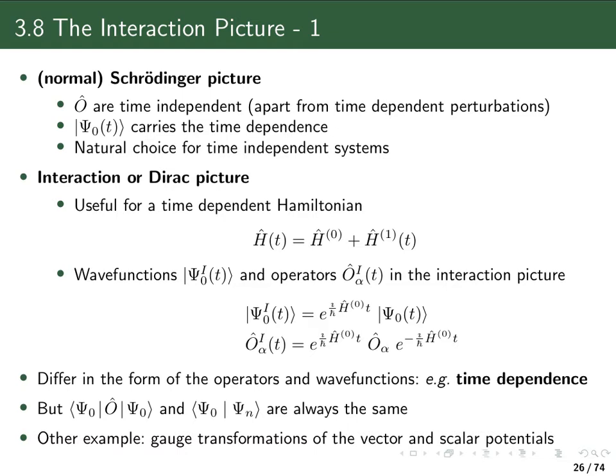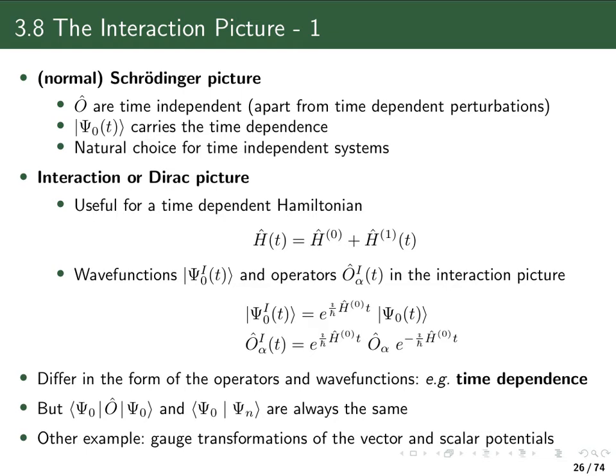Now the wave functions and the operators in this interaction picture are obtained from the wave function and the operators in the Schrödinger picture by these unitary transformations, where we multiply the wave function with an exponential operator having the time-independent Hamiltonian.